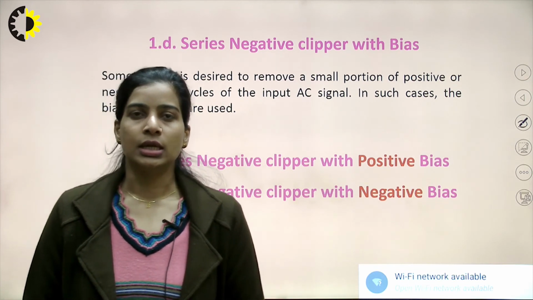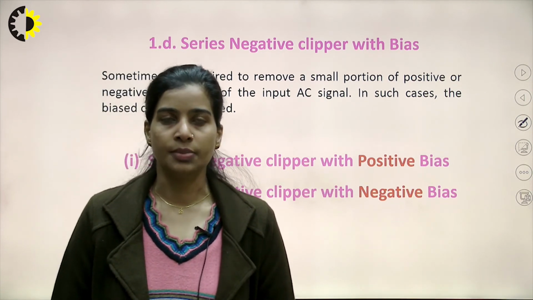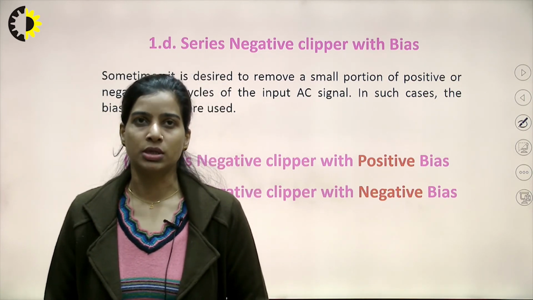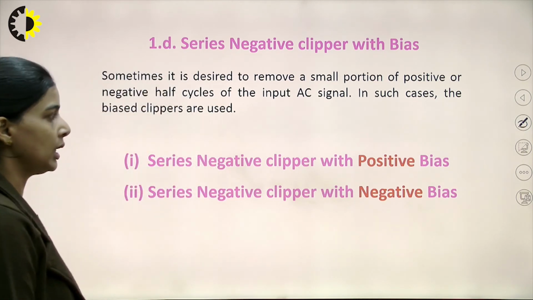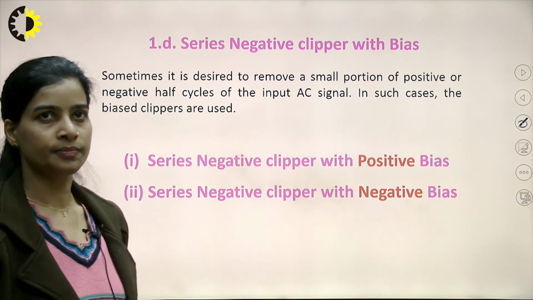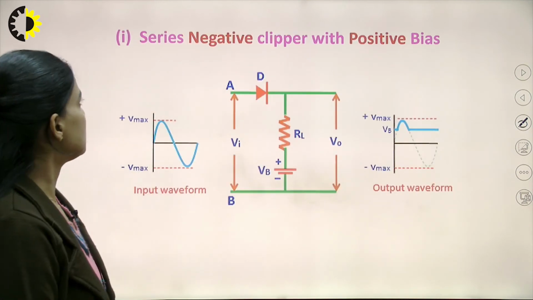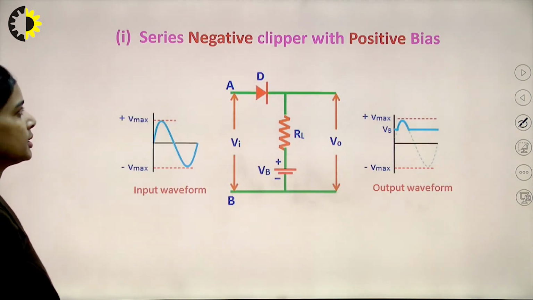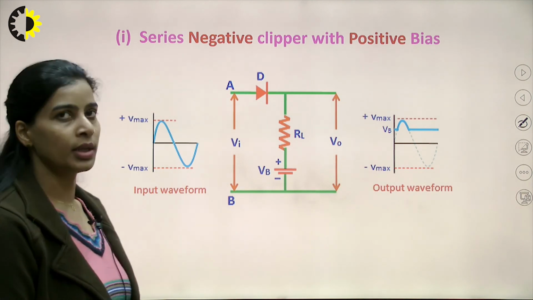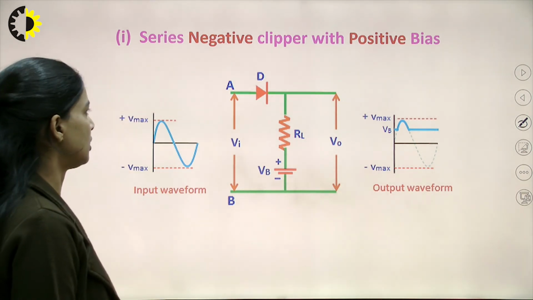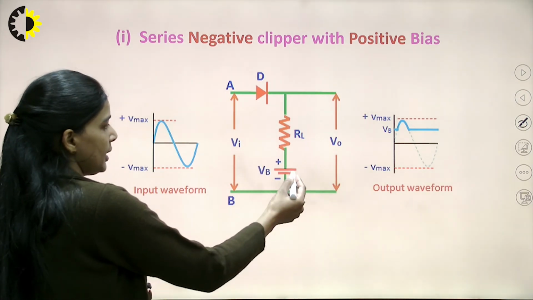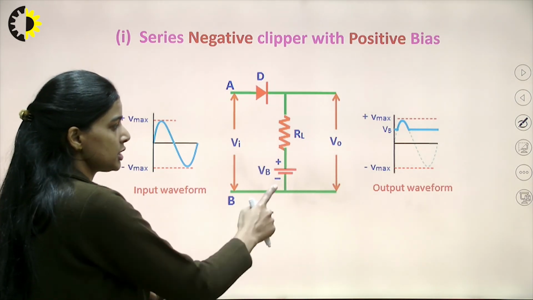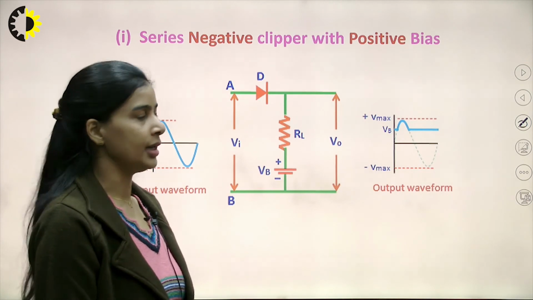Series negative clippers are of two types: series negative clipper with positive bias and series negative clipper with negative bias. This is the circuit diagram for the series negative clipper with positive bias, where a positive biasing voltage VB is applied.